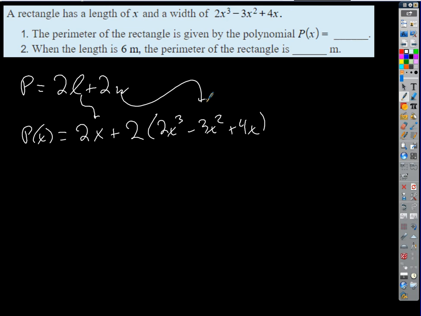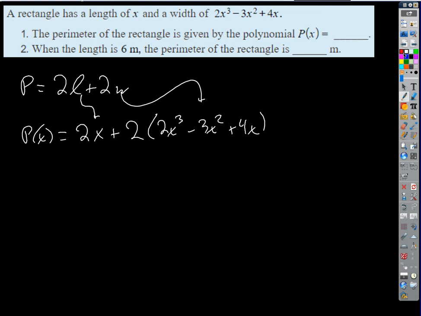So then what about part 2? When the length is 6, the perimeter would be what? What would I have to do? Input the 6 for the x, right? No big deal. Okay. Now, what if, I didn't ask this question, but this is a little tougher. What if we said that when the width is 6, what's the perimeter? What would I have to do?